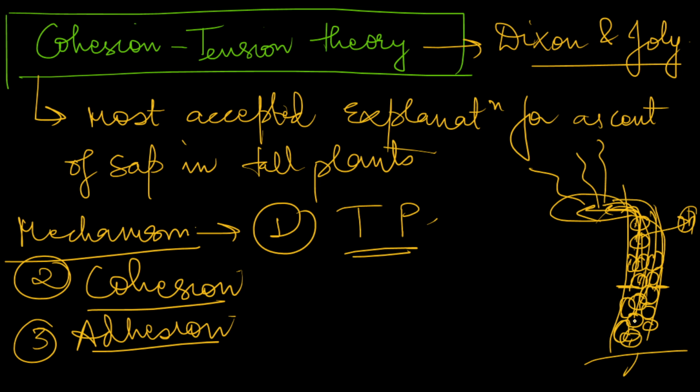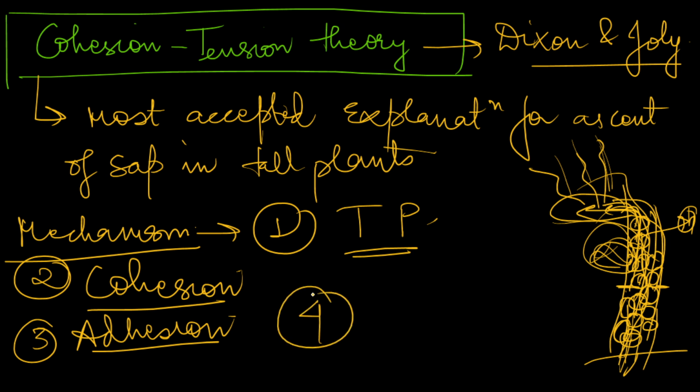If there is any kind of breakage in the column, the other water will fall down, leading to the failure of this process. But due to cohesion and tension, the water always keeps moving upward under the negative pressure created by transpirational pull. And all these things create root to leaf continuity.